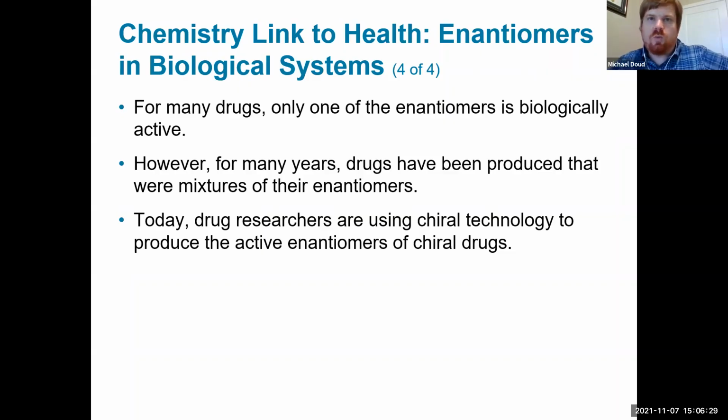When it got approved and started being produced industrially, they made a mixture of enantiomers, and the other enantiomer was actually a poison for children. A lot of children were born with birth defects, and many women miscarried based on the poison that they were given as a drug. So again, that's the worst that can happen: something that's a really useful drug on the one hand, and on the other hand, the other enantiomer is a poison.